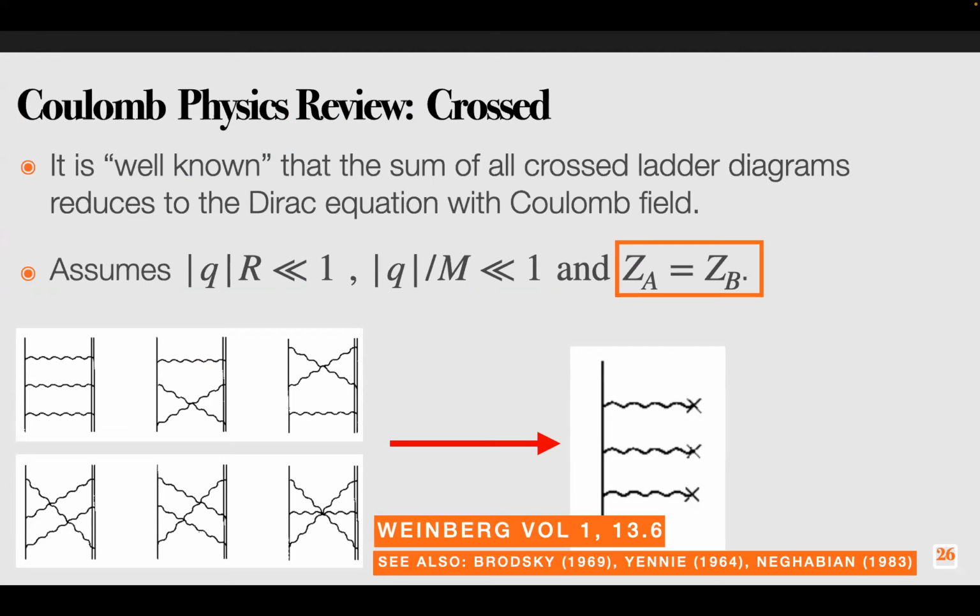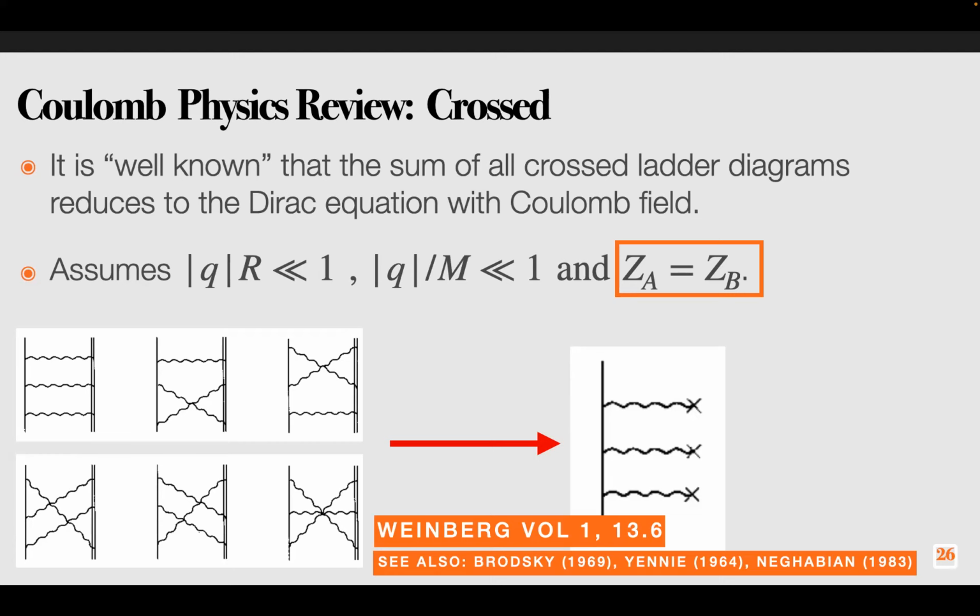I think it's better known that the sum of ladder graphs in the non-relativistic limit gives you the Schrodinger equation. But to reproduce the Dirac equation, if I take this particle as light and this one is heavy, and I take this one's mass to infinity, and I don't make a non-relativistic approximation for this particle, I need to keep all crossed ladder graphs.